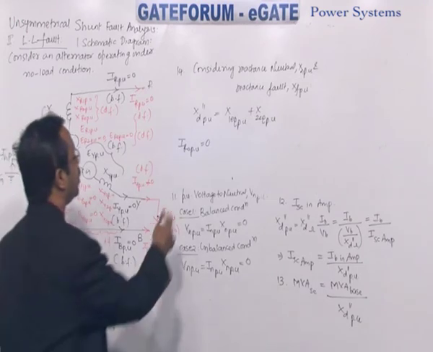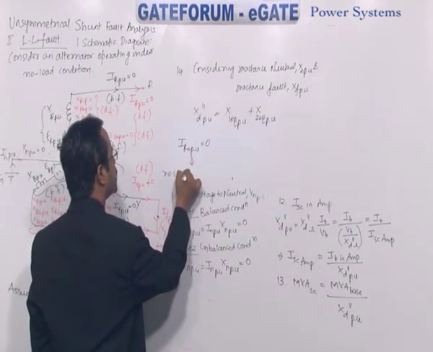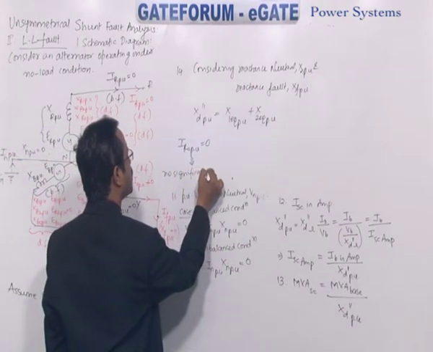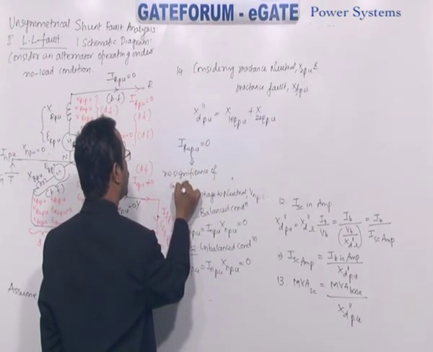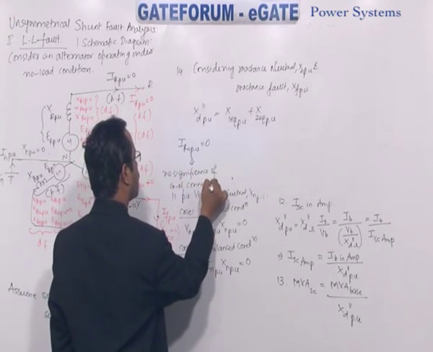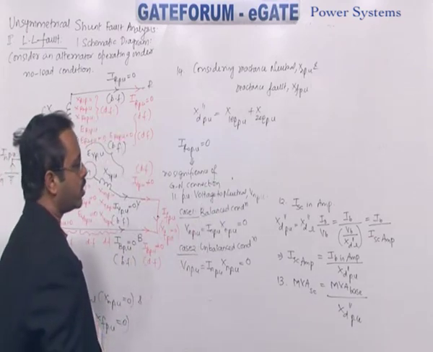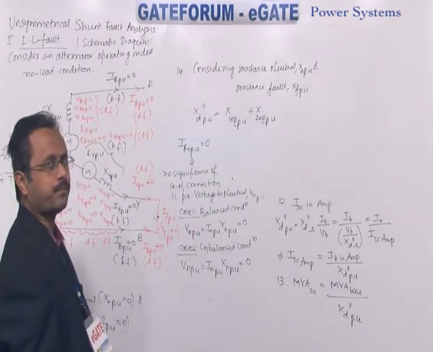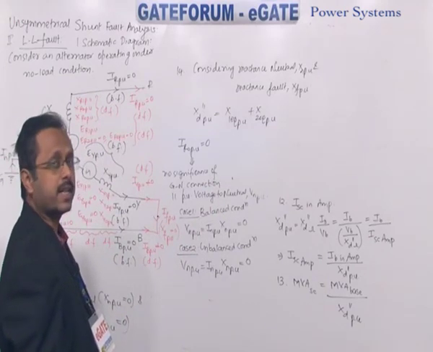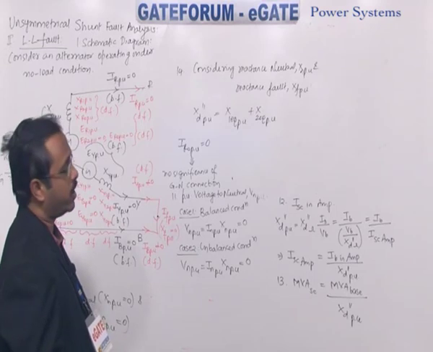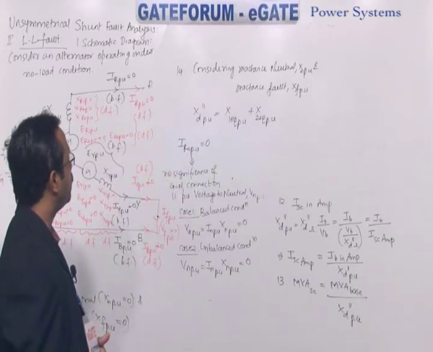So for LL fault, IR naught per unit is 0. So what we say? There is no significance of ground to neutral connection. Whether it is Xn or 3Xn or infinite, it is not reflected in XD double dash per unit.